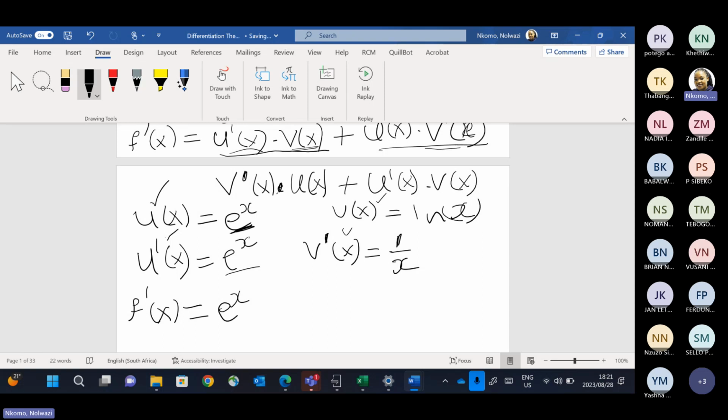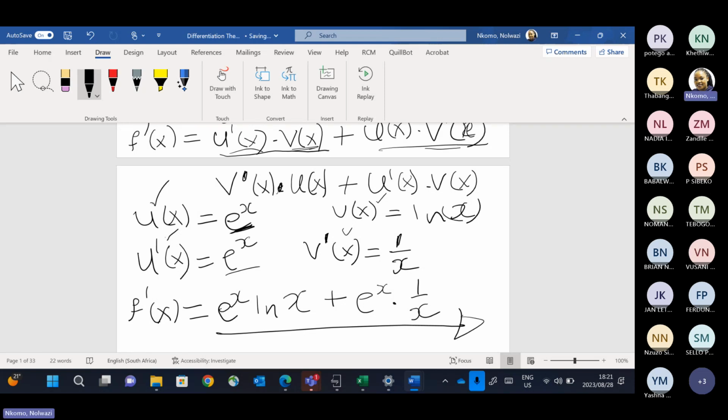Then this is multiplied with v at x, and we said v at x is ln x. So we have ln x plus u at x is e to the power x, and v prime is 1 over x. And this is your answer. You can simplify it further here. You can leave it like this.